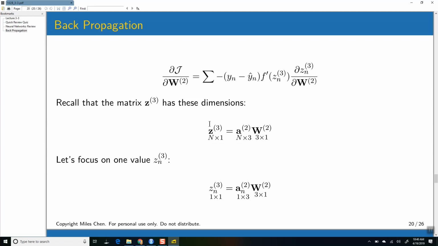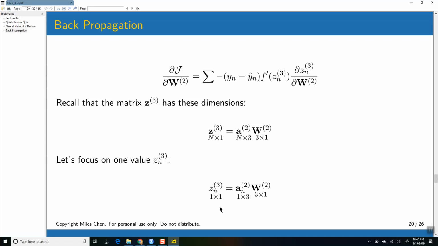So if we recall, the matrix Z3 has dimensions n by 1, okay? And it's the result of taking our matrix A, which is n by 3, and multiplying it by our weight matrix W, which is 3 by 1. Okay?